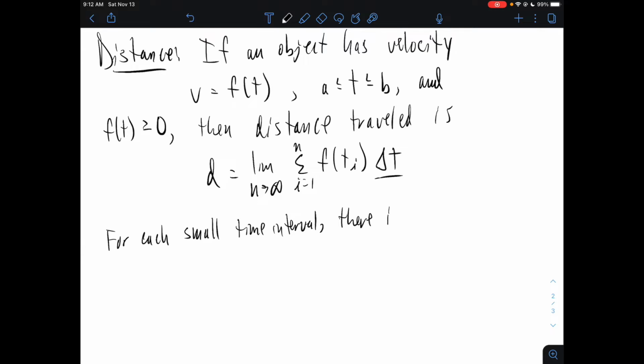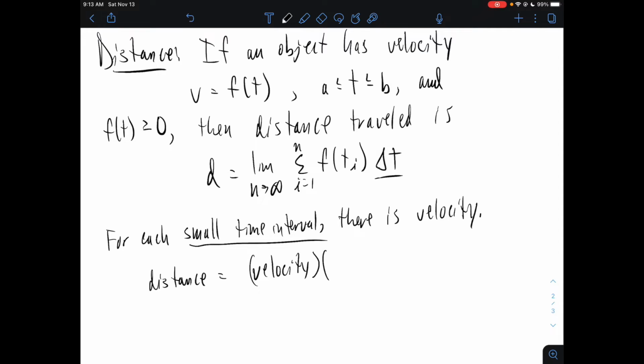There is velocity. Those velocities could be changing, but that's okay. For the small time interval, the distance would just be what is the velocity during that small time interval, and you're going to multiply that by the change in time.